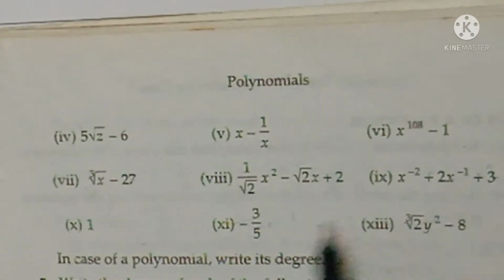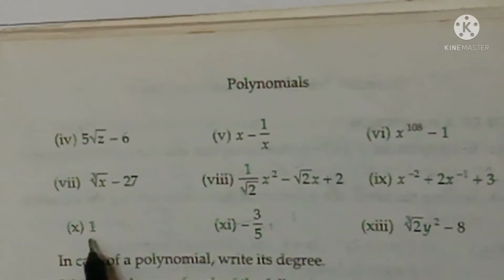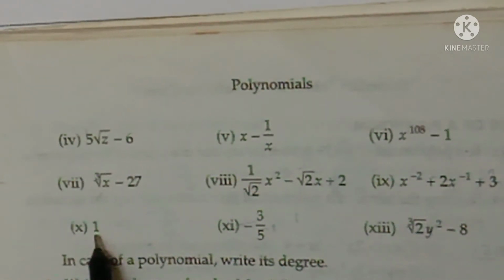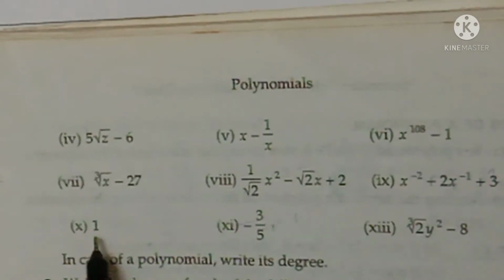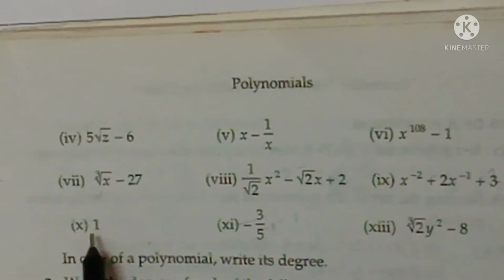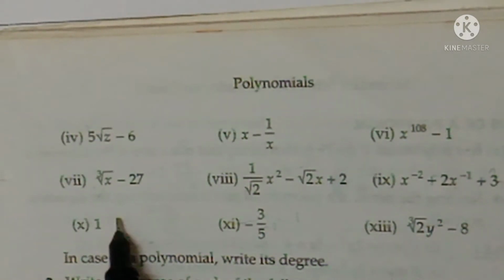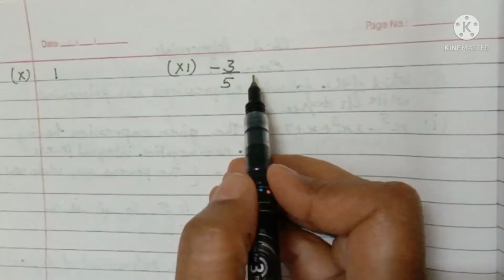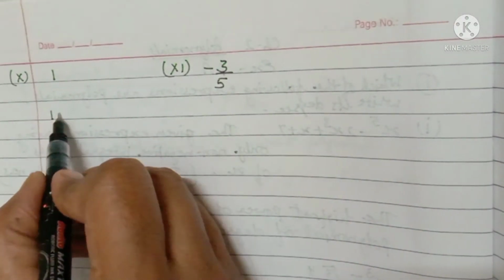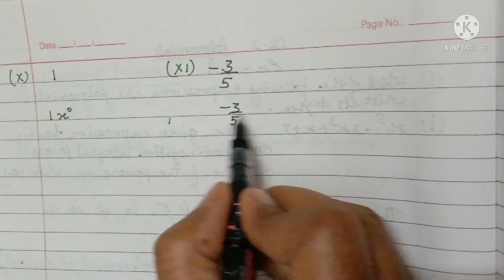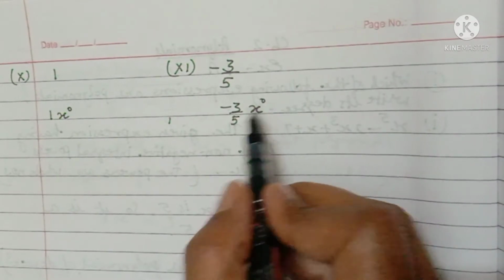Now come to the next part 1. Here this is the constant polynomial of degree 0, because you can write 1 into x to the power of 0. I am doing it in the notebook. See how to write the answer. These are constant polynomials. You can write 1 into x to the power of 0, and for this, minus 3 upon 5 into x to the power of 0. x to the power of 0 means 1.